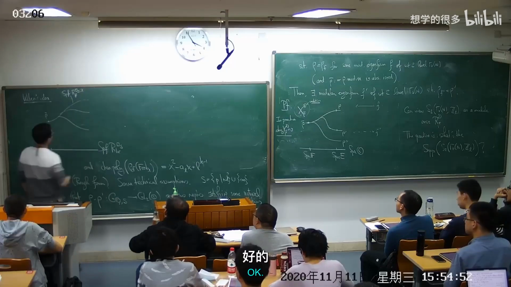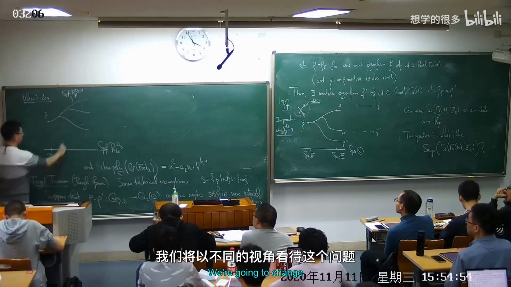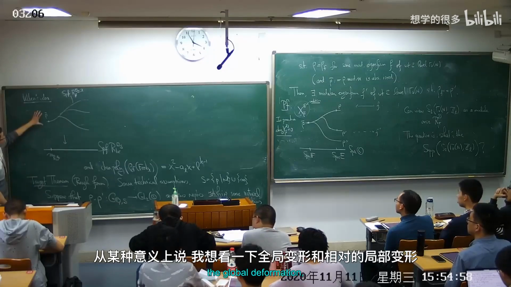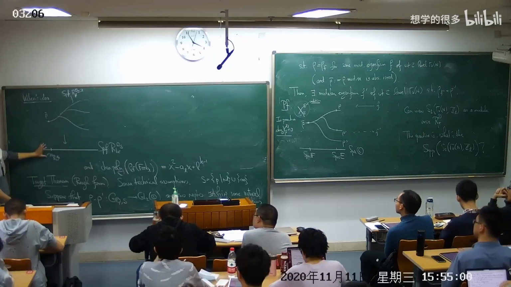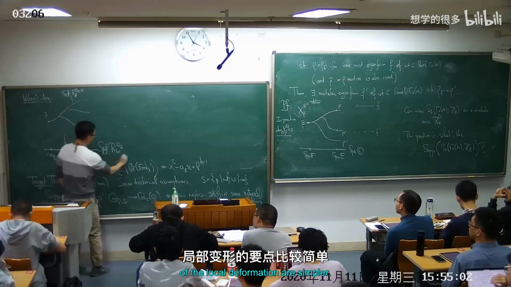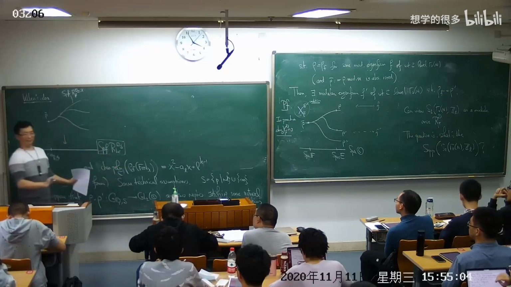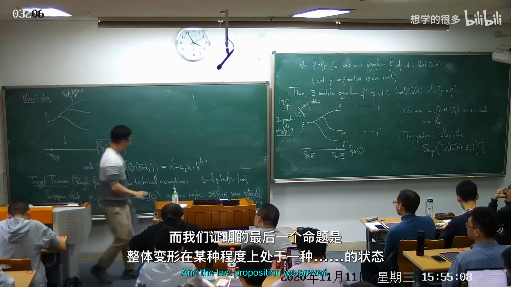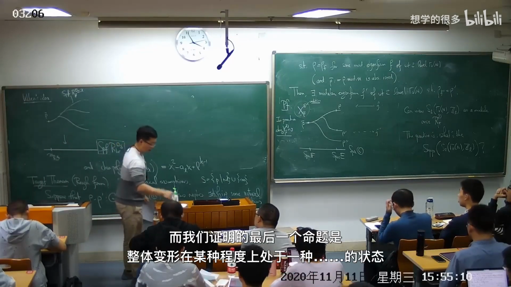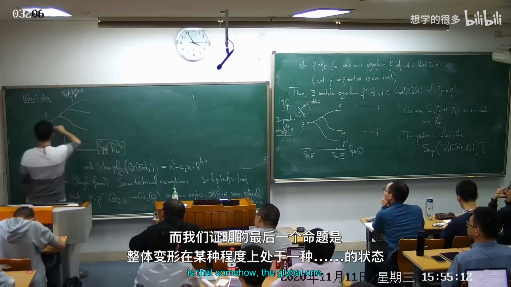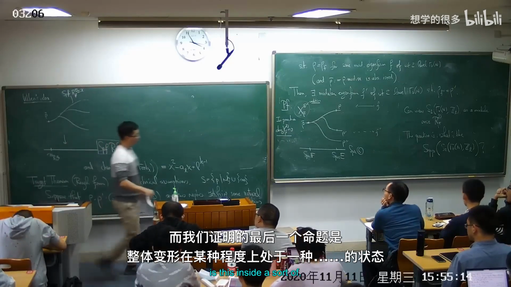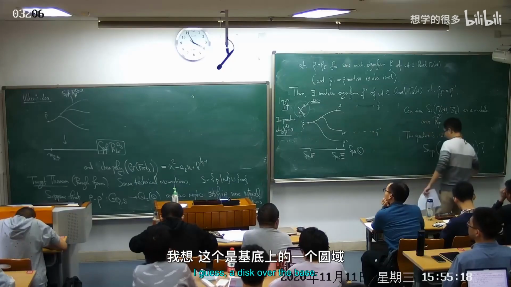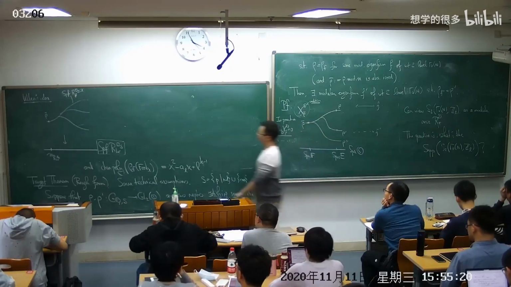Okay, we're going to change our point of view of this, in the sense that I want to look at the global deformation ring relative to the local deformation ring. The points of the local deformation ring are simpler. Let's put it this way. And the last proposition we proved is that the global one sits inside a disk over the base.